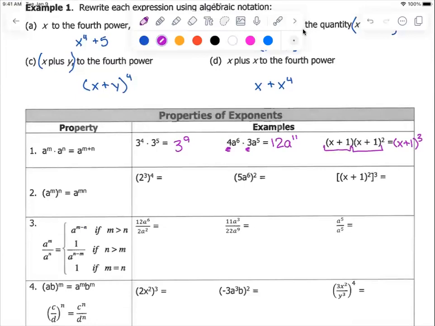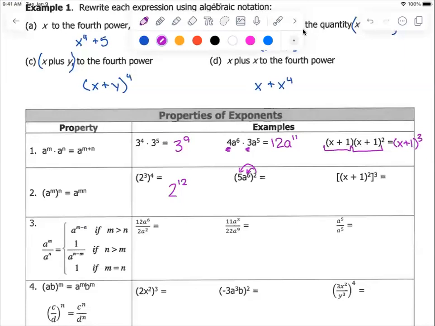Next rule, when you have a power to power, you multiply. So the base stays the same. 4 times 3 is 12. And you could calculate that on your calculator or keep it like that. For the next one, this squared, you're going to square each part inside.